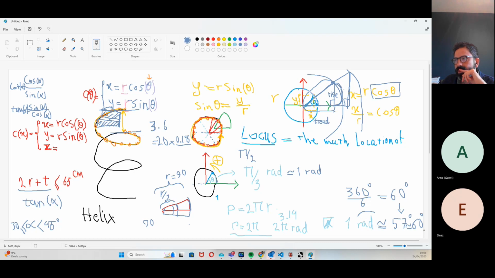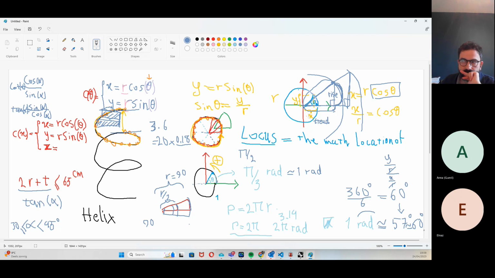Because remember, this is also equal to this. Shall I write it down? Sine of alpha is y divided by r, divided by x divided by r. These two cancel each other out, so it's basically the rise divided by the run, or the rise divided by the thread of one single step.